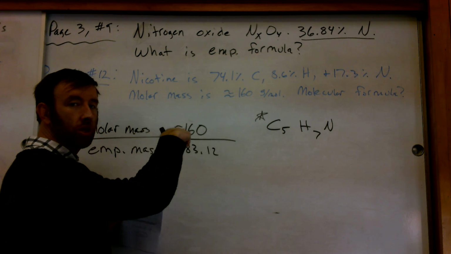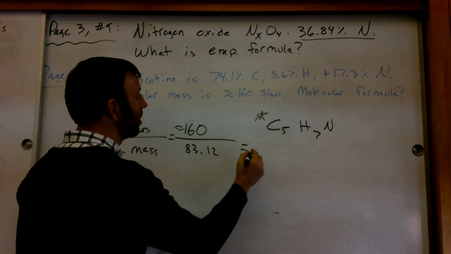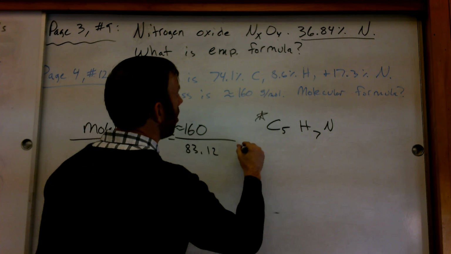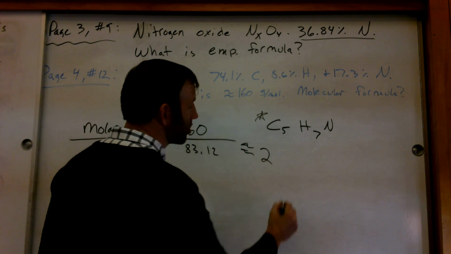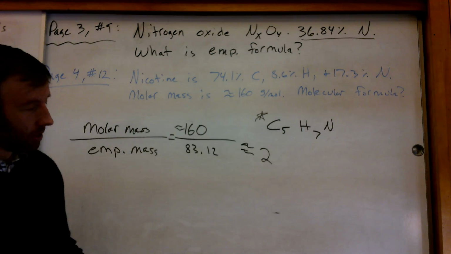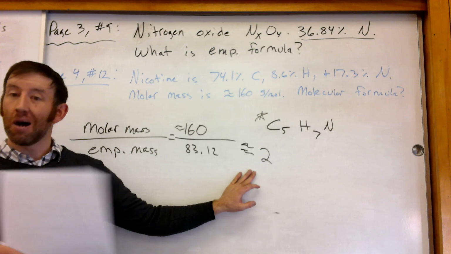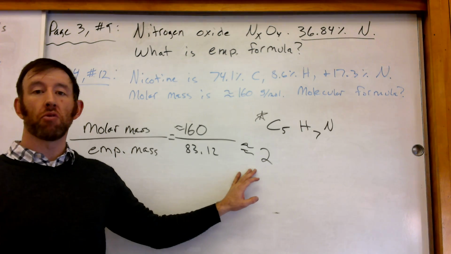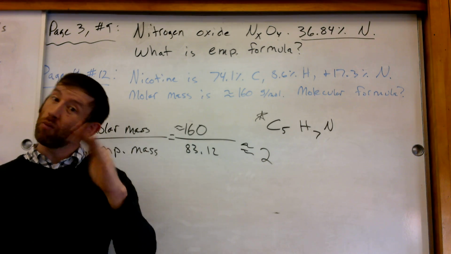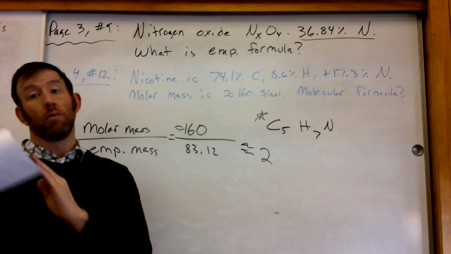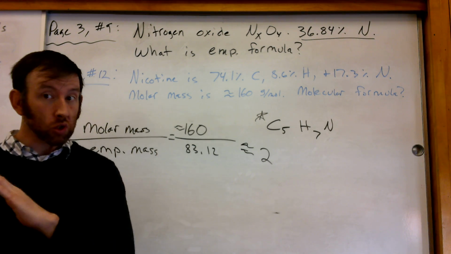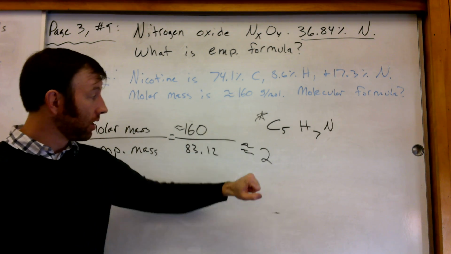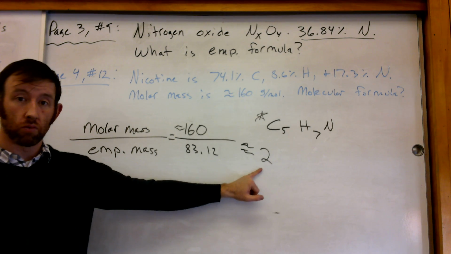Now we can eyeball this and tell it's not going to come out to an exact whole number, but it's going to come out close enough to 2. We're doing lots of rounding up or down to the closest whole number in these situations. We don't round when it comes out to a 0.5, that means we double everything, but if it comes out real close to a whole number, we just round to the whole number. So this comes out pretty darn close to 2.